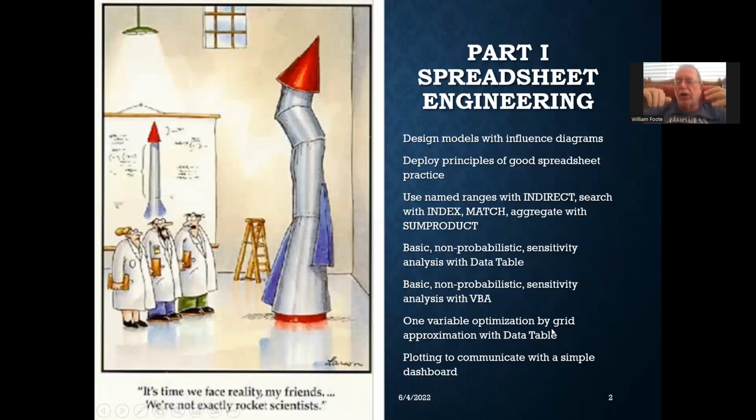In this very first part, we're going to be designing models using a technique called influence diagrams. This has been brought into the fine art of process engineering and process analytics. So, interesting area. We're going to attempt to use good spreadsheet practice, of course. We're going to be using all sorts of techniques: named ranges, indirect, index match, sumproduct.